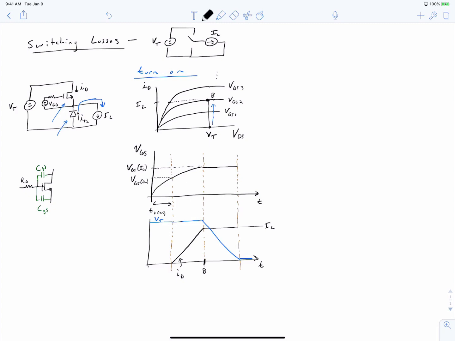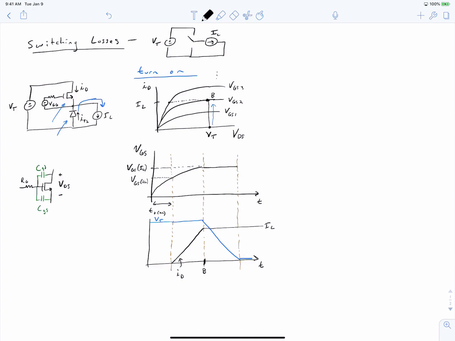So what's happening during this interval? Why do we observe this odd behavior where our gate source voltage becomes fixed while our drain source voltage collapses? So in order for the drain source voltage to decrease, we can see that we have to change the charge on our gate to drain capacitor.